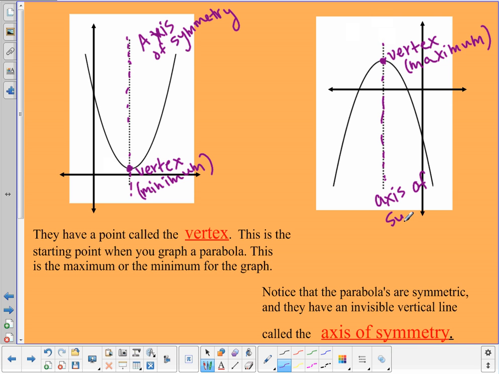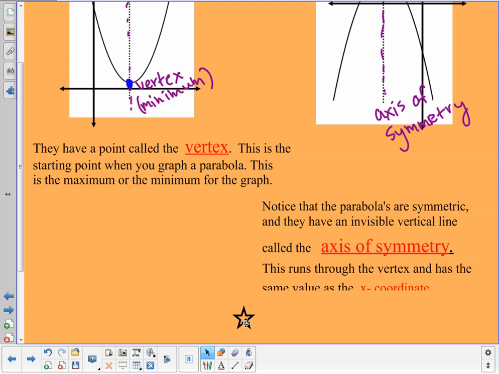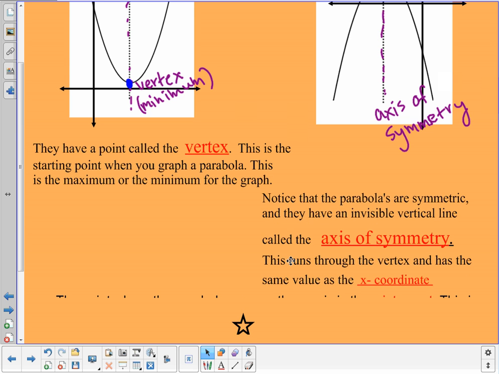And if you'll notice, the axis of symmetry goes right through the vertex. Same thing over here. That's not a coincidence. It runs through the vertex, and it has the same value as the x-coordinate of the vertex. Okay, so the axis of symmetry is the same thing as the x-coordinate of the vertex.